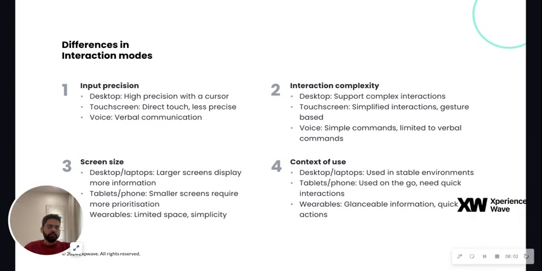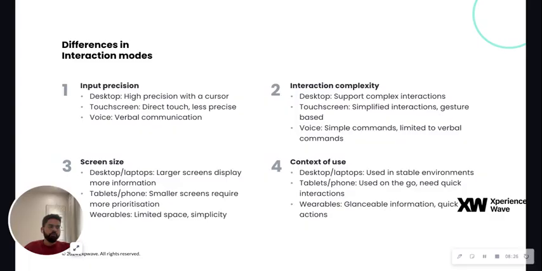There are also variations with respect to the context of use of these devices. Your desktops or laptops usually are used in stable environments like offices, homes, whereas tablets or phones are used on the go. So the interactions are supposed to be rather very quick and efficient.